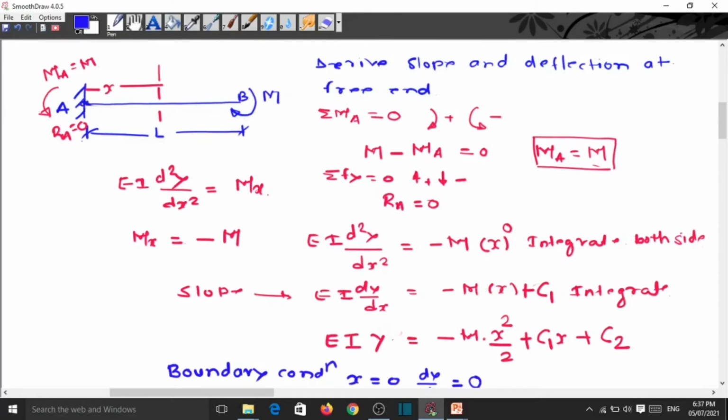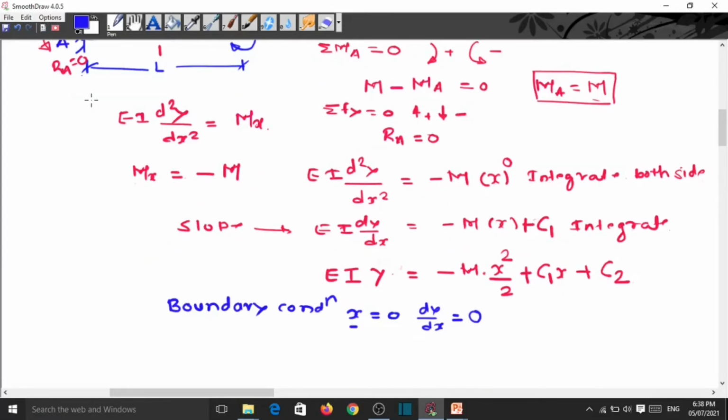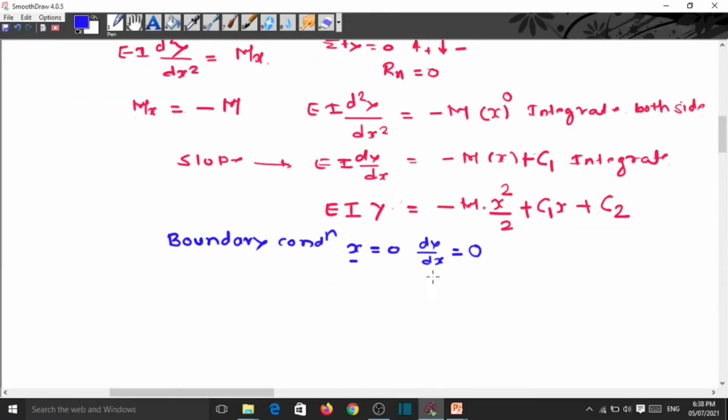We know at the fixed end the slope is 0. So we put this in equation number 1. So 0 is equal to minus M into 0 plus C1. So C1 is equal to 0.